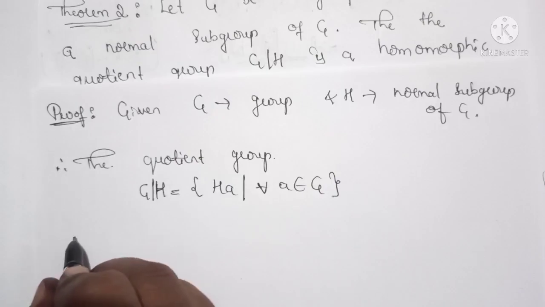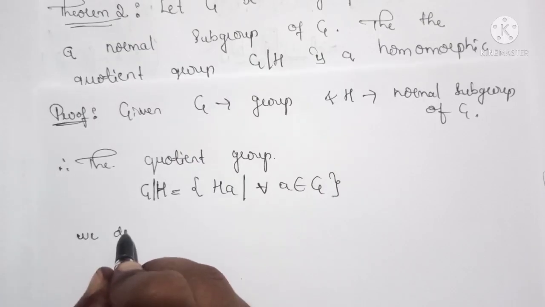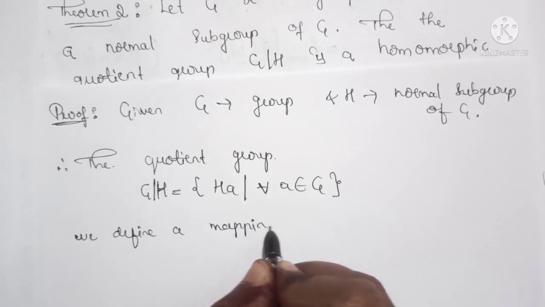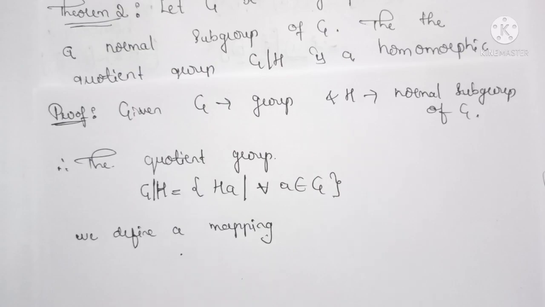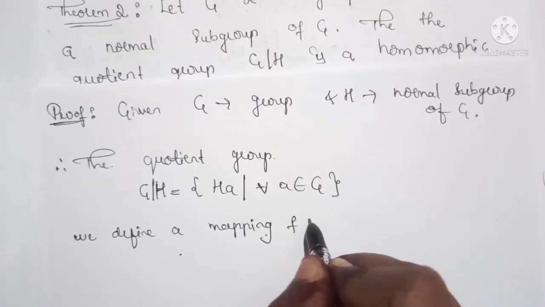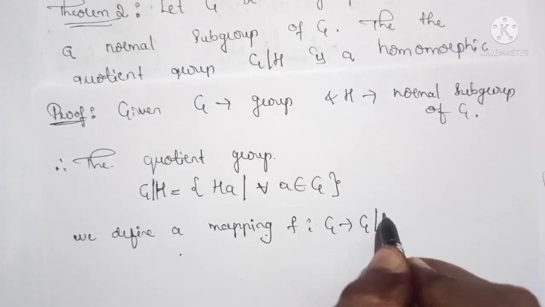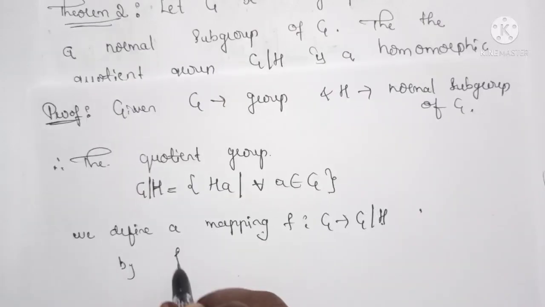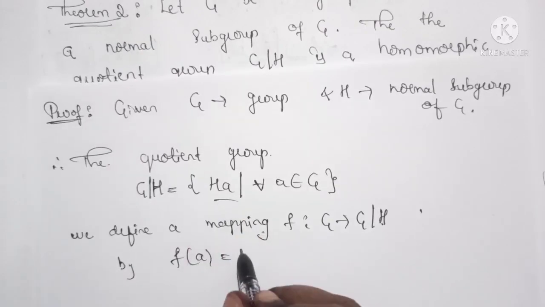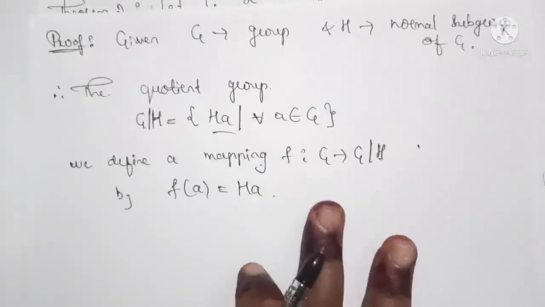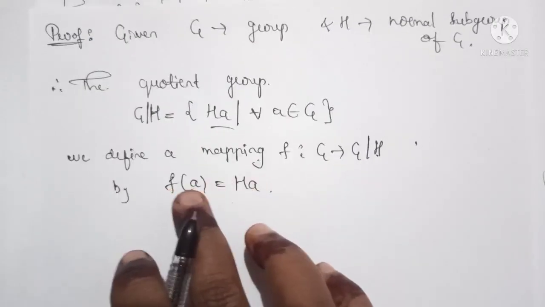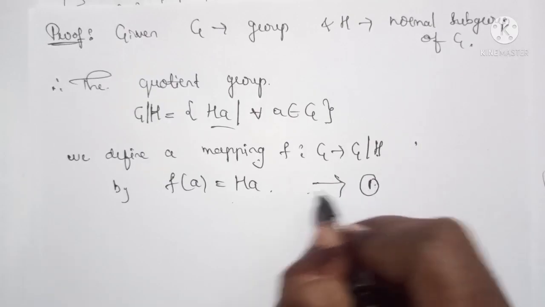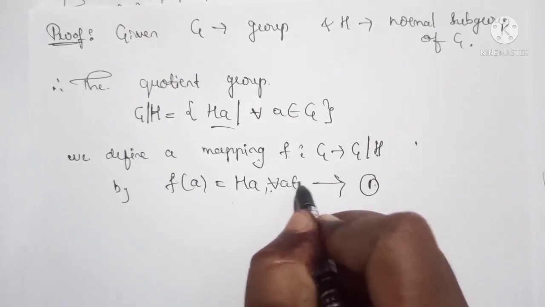Now we define a mapping F from G to G by H, the quotient group, by F of A equals HA. Let us consider this as equation 1, for all A belongs to G.